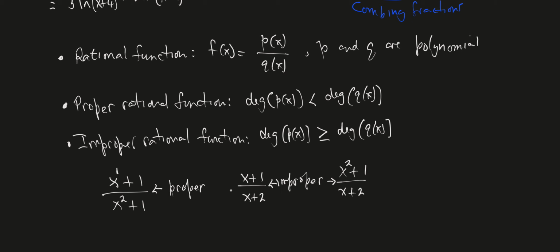So as long as the degree in the numerator is greater than or equal to the degree in the denominator, then we classify the entire function as an improper rational function.